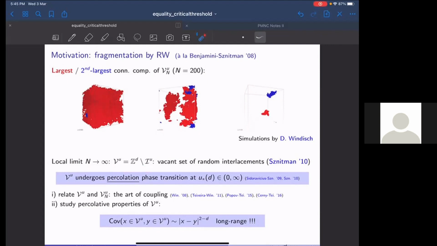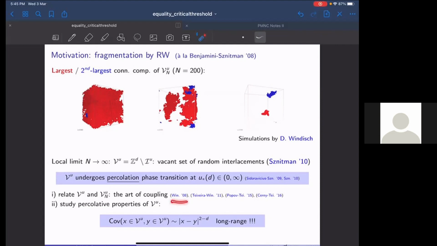You can define this model as well as that model in the same probability space, so that the occupied sets described by them are very close to each other in some metric. And you can get very good quantitative bounds on that.